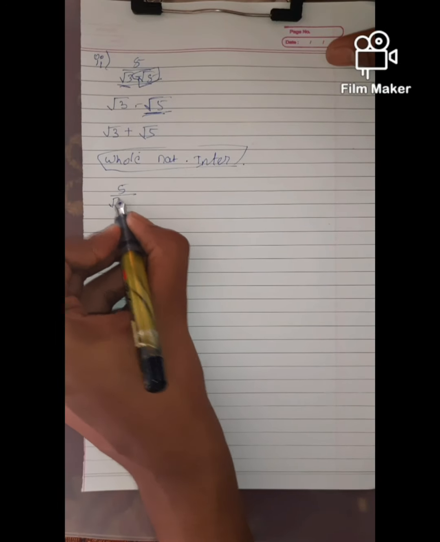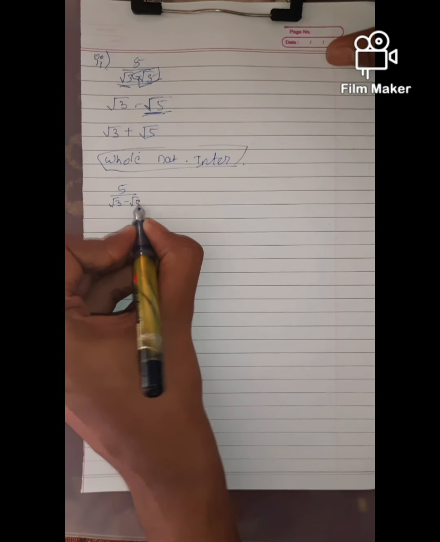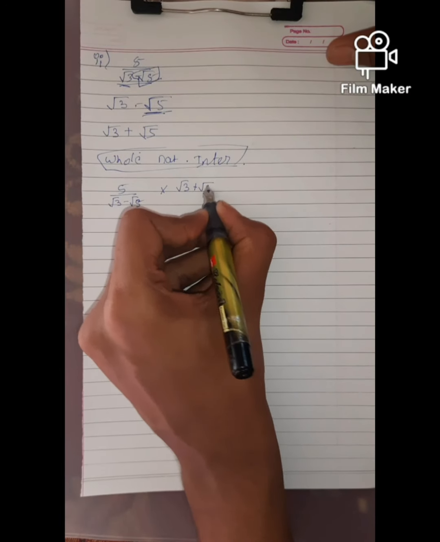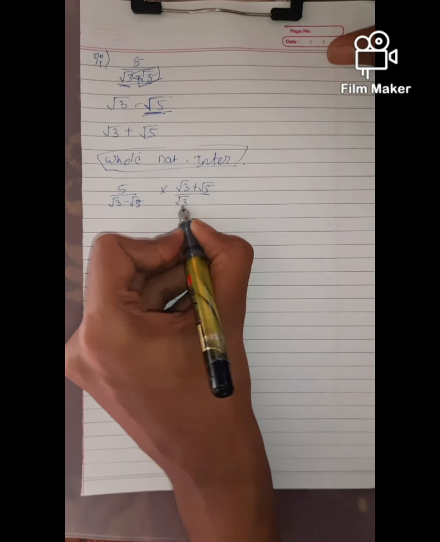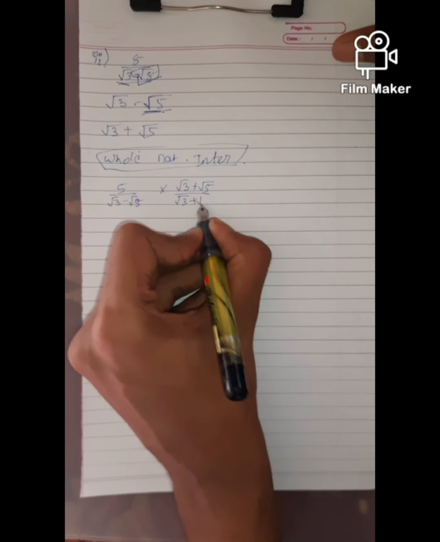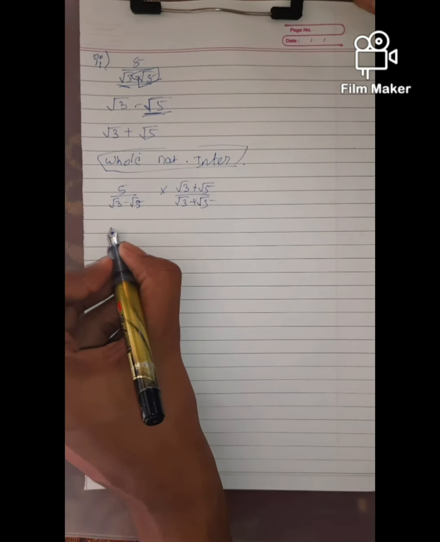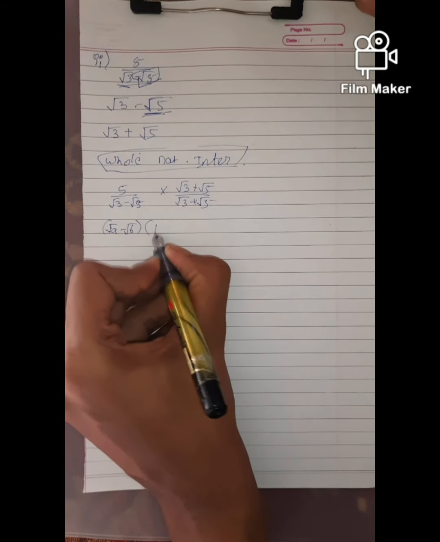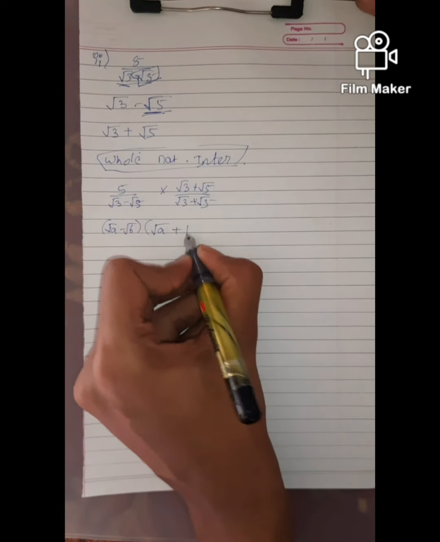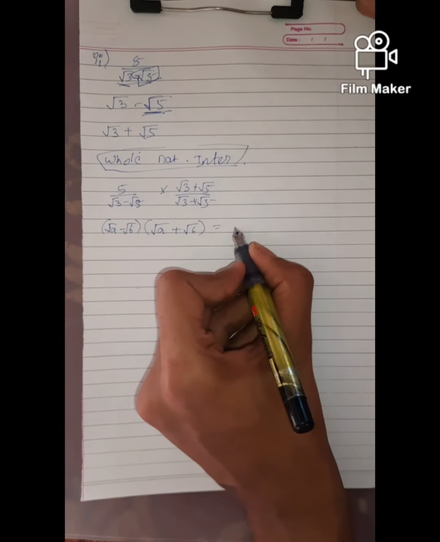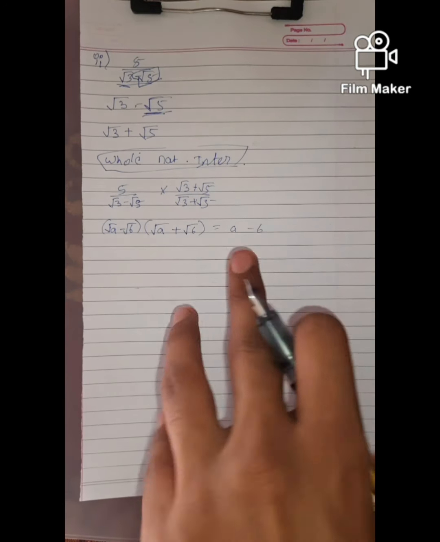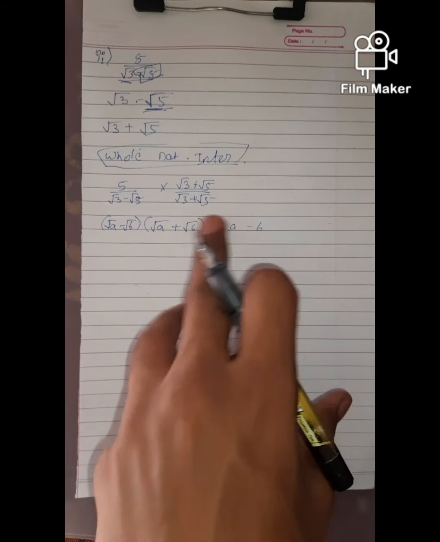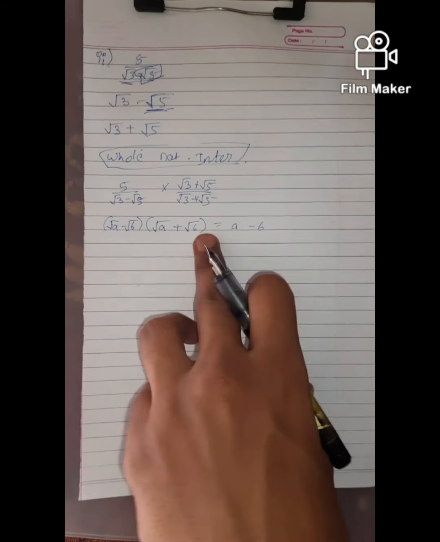So this is 5 into under root 3 plus under root 5 divided by under root 3 minus under root 5 into under root 3 plus under root 5. As we know, this is a very simple form, under root a minus under root b into under root a plus under root b. So as you know, the value of this is a minus b. I told this formula in the previous video. I explained it in a bit of detail, so you can refer to that video to understand this.